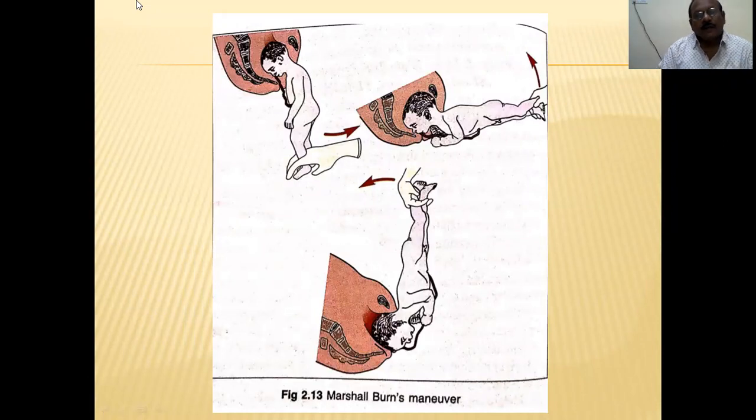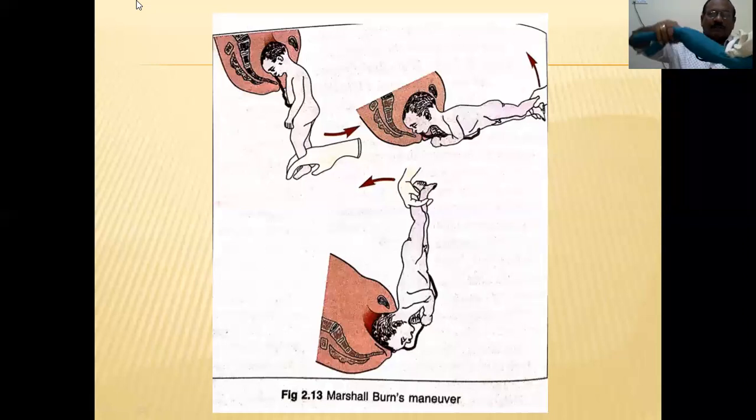When delivering the head, you must guard or protect the perineum so that the head doesn't come out all of a sudden. In the Burns-Marshall technique, you bring both legs towards the maternal abdomen, and the head will sweep over the perineum and be delivered.